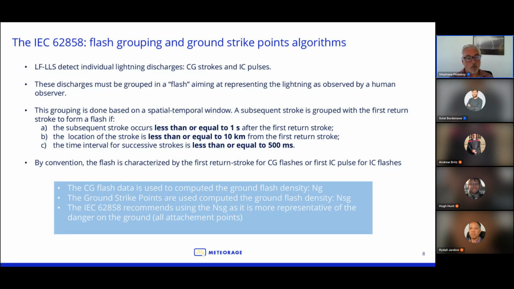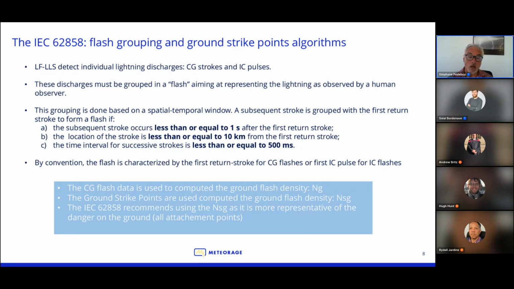And I just remind you that by convention, what I was presenting in the previous slide, the flash is characterized by the first return stroke for the CG flashes and the first IC pulse for the IC flashes. So this is pure convention here. There is nothing based on scientific research, etc. This is just a convention. You must know a flash is characterized by the first return stroke, meaning location and peak current, polarity, etc.